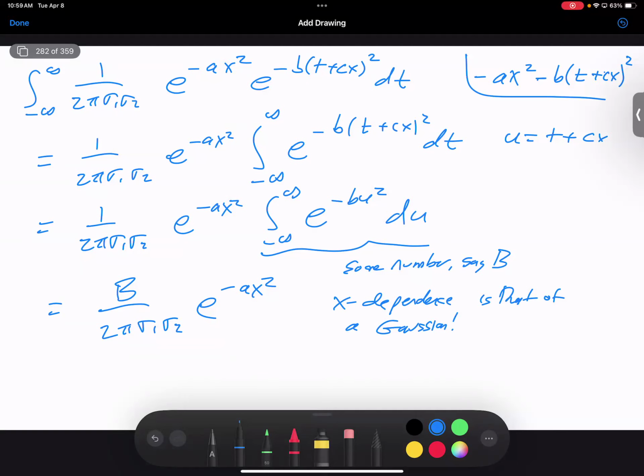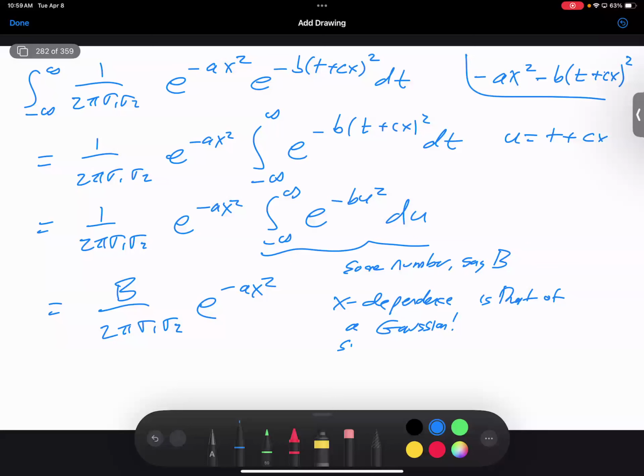So it has to be a Gaussian. We know it's a probability distribution. It looks like a Gaussian, it has to be a Gaussian. Because it's a Gaussian, the normalization constant must be the normalization constant for the Gaussian. And we know that it has to be a Gaussian with variance sigma 1 squared plus sigma 2 squared.